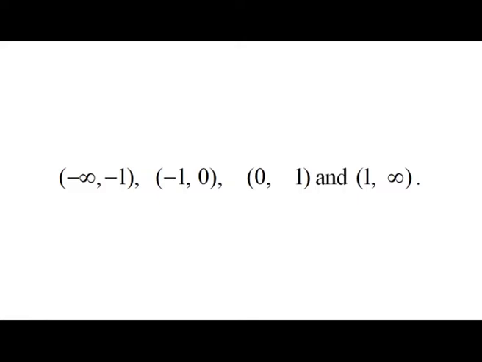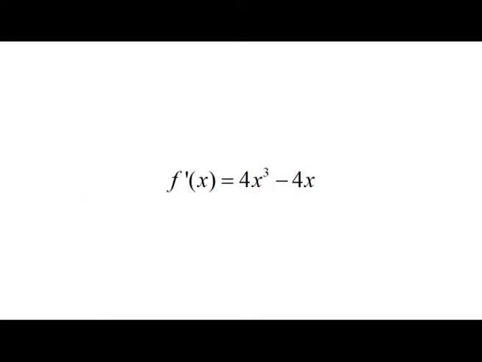Thus, it is possible that function f changes its decreasing or increasing nature at minus 1, 0 and 1. Therefore, we analyze the nature of f in each of the intervals minus infinity to minus 1, minus 1 to 0, 0 to 1 and 1 to infinity. Since f'(x) equal to 4x^3 minus 4x is continuous and never 0 inside the interval minus infinity to minus 1, f'(x) must be either positive or negative throughout this interval.